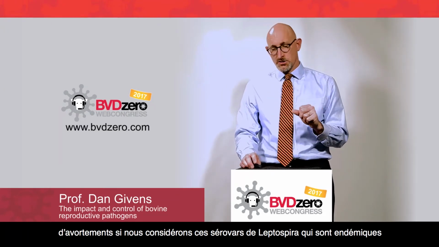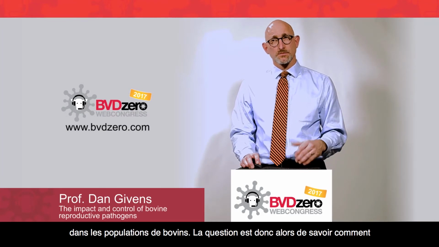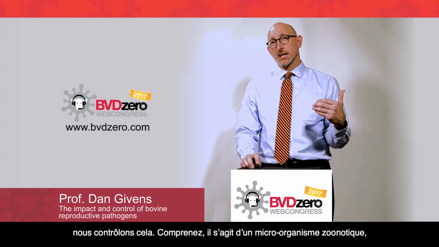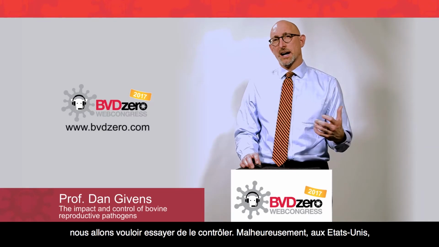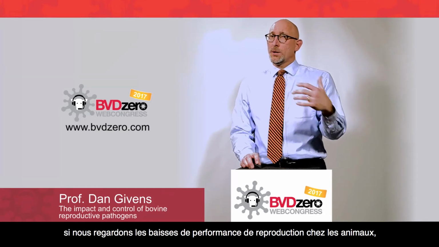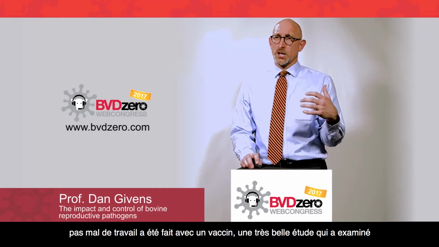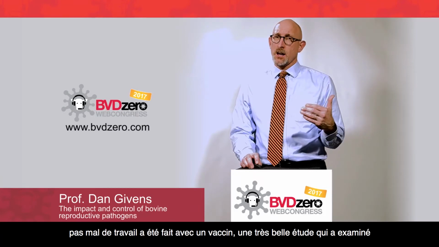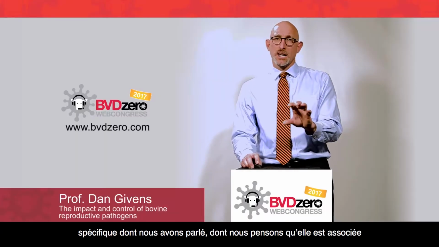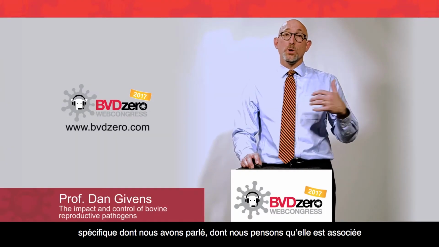Unfortunately, in the United States, when we consider reproductive loss in animals, quite a bit of work was done with a vaccine. A very nice study looked at using 2 doses of a monovalent vaccine against Leptospira borgpetersenii serovar Hardjo strain Hardjo-bovis. So this was the specific endemic strain that we talked about that we considered to be causing low levels of reproductive loss in cattle. It was a tremendous study involving 1,894 Holstein cows and heifers from Central California dairies.